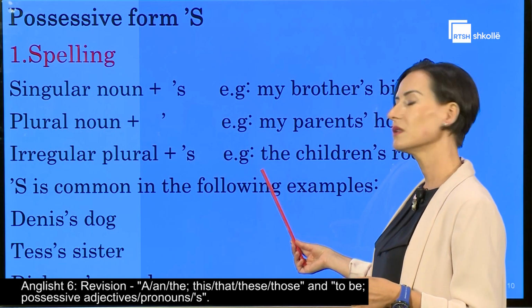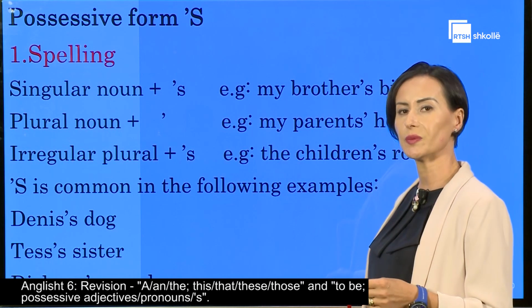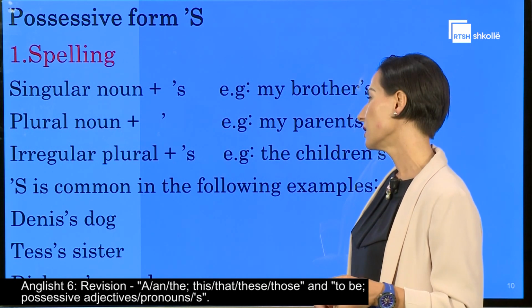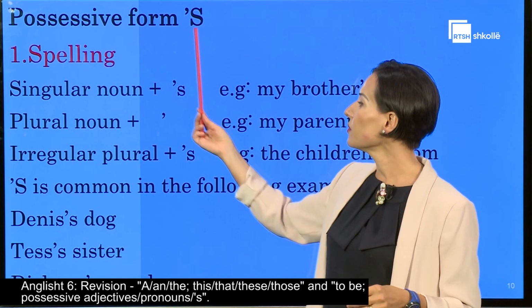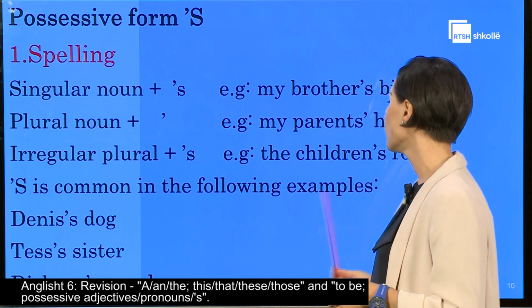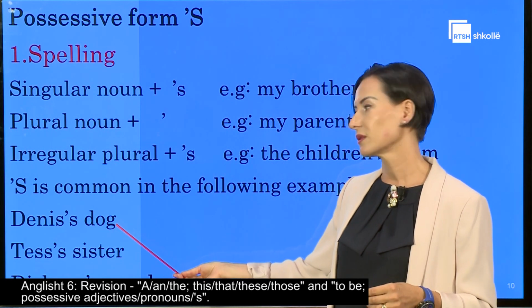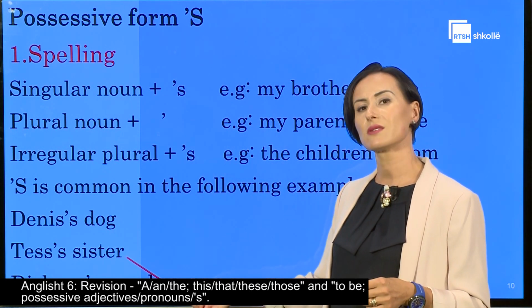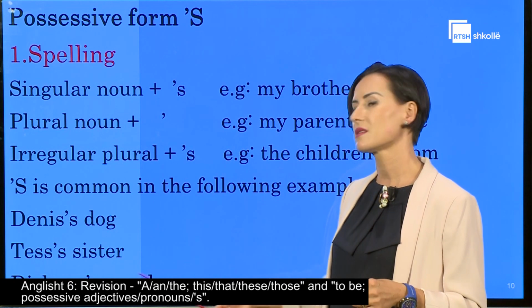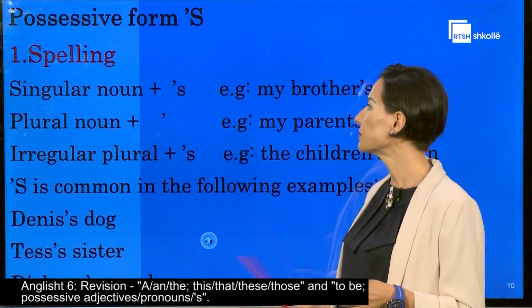For example, the children's room. The possessive form is common in the following examples: Dennis's dog, Tess's sister, Dickens's novels.